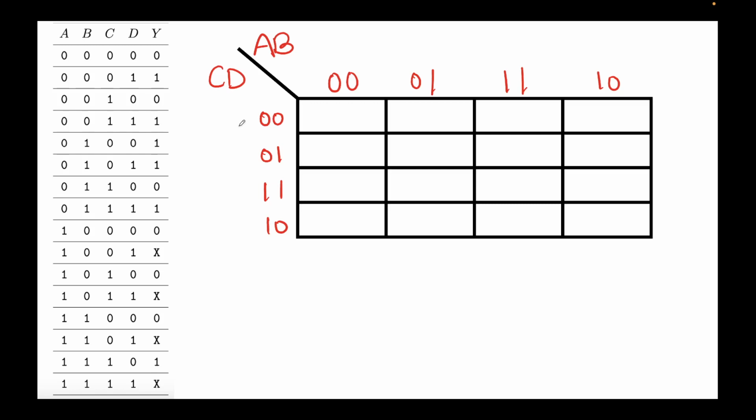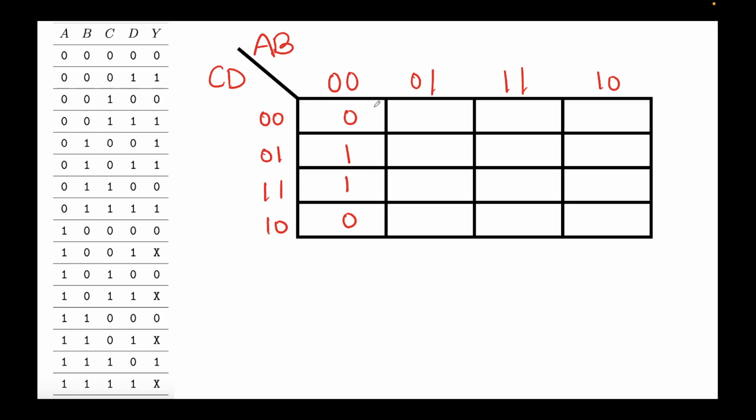Okay, now let's quickly populate this K-map. From 0, 0, 0, 0 the Y value is 0, 0, 0, 0, 1 the Y value is 1, 0, 0, 1, 0 is 0, and 0, 0, 1, 1 is 1.